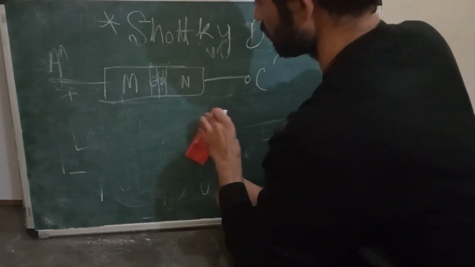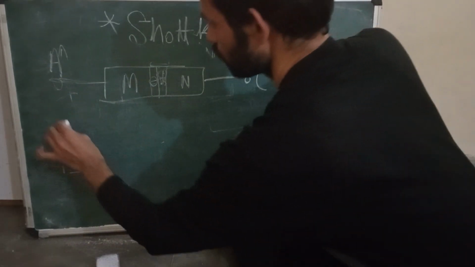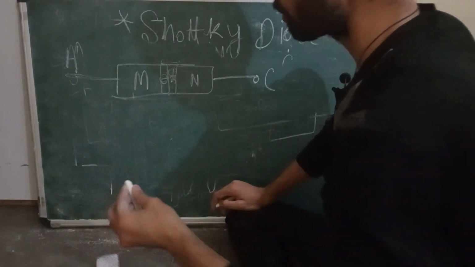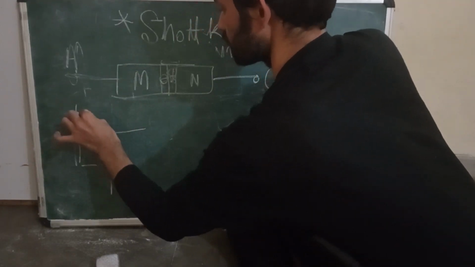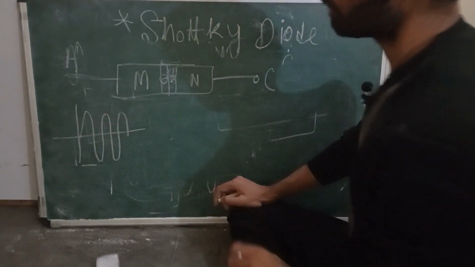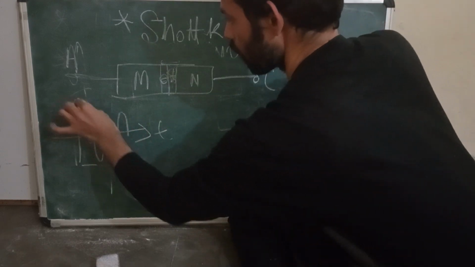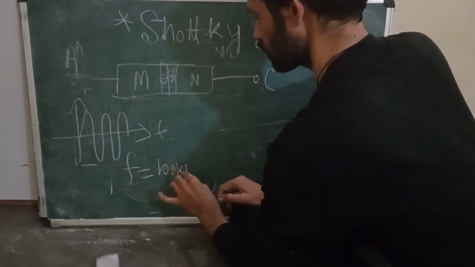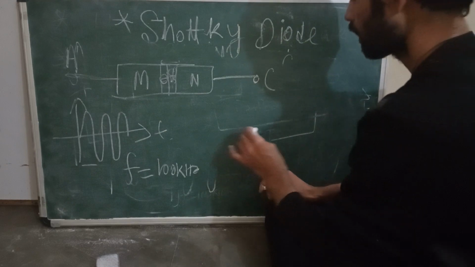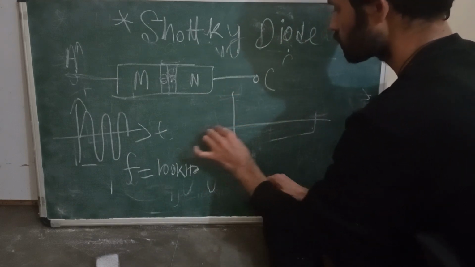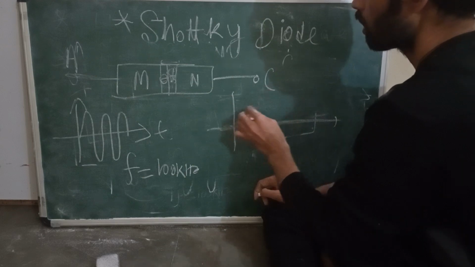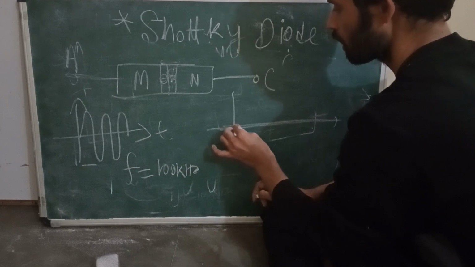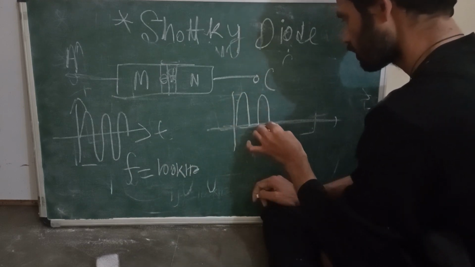Now what we want to see here is the problem that we face in the case of a PN junction diode with a high frequency signal. Here also I am taking a high frequency signal whose frequency is about 100 kilohertz, and at the output of this Schottky diode I am getting a waveform like this.